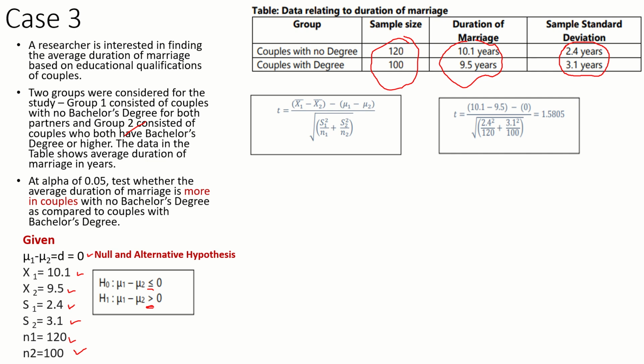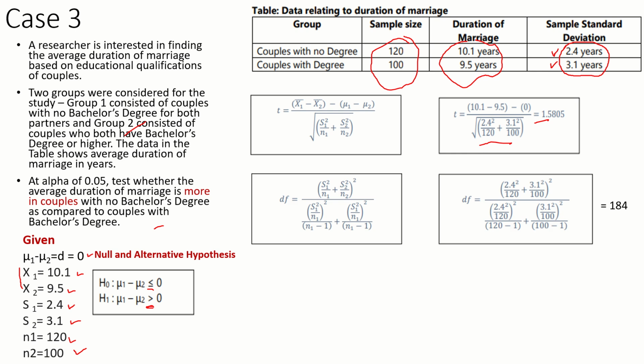We have taken x1 bar and x2 bar, then minus 0, we assume that there is no difference. Then we have s, the values taken from here. This is the group 1 standard deviation of the sample, this is the group 2 standard deviation of the sample, and these are the sample sizes.